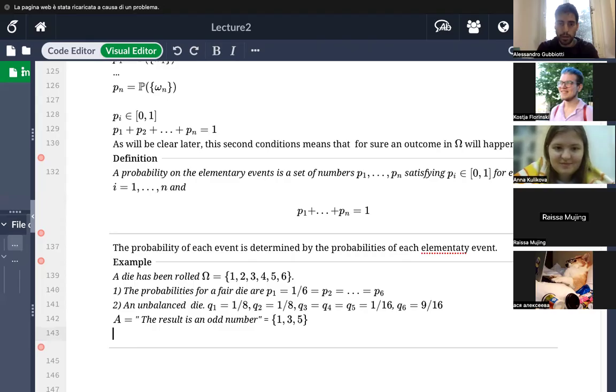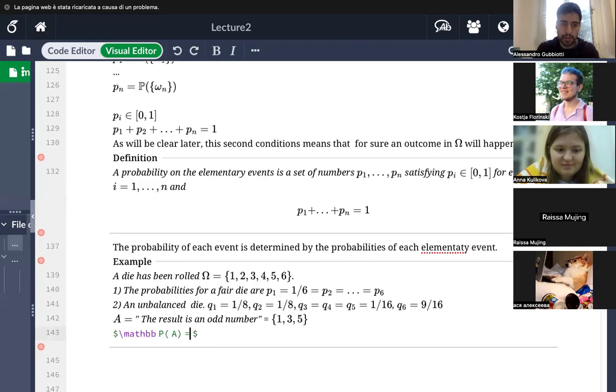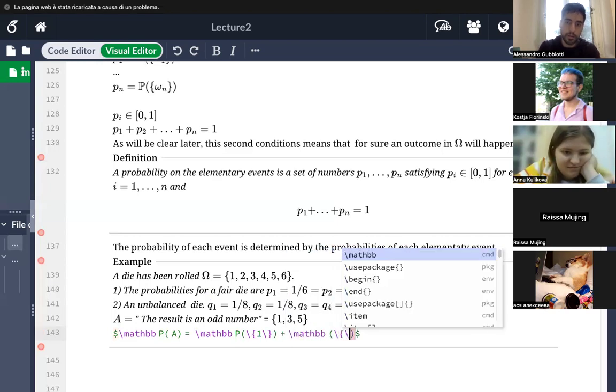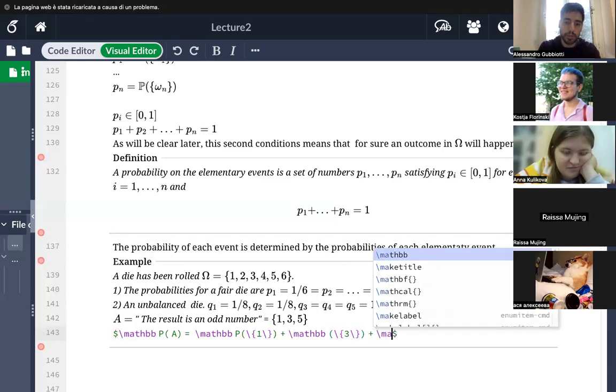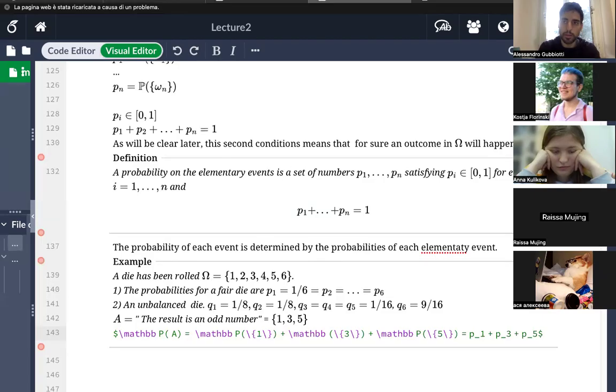The first probability, so this event computed if the die is balanced, is simply the sum of the probabilities of getting 1 plus the probability of getting 3 plus the probability of getting 5, which is equal to P1 plus P3 plus P5, which is simply 1/2.